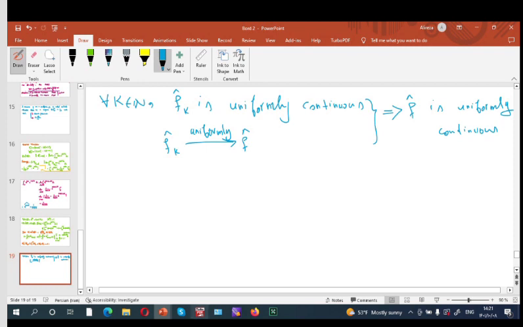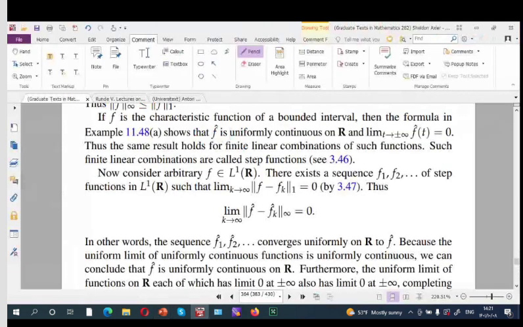Okay. So f hat is uniformly continuous because the uniform limit of uniformly continuous functions is uniformly continuous. We can conclude that f hat is uniformly continuous.